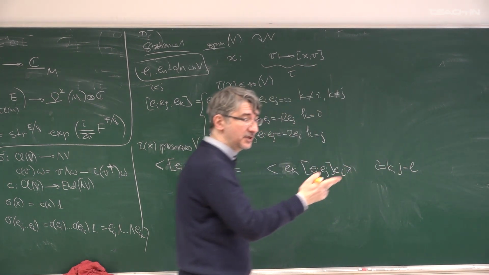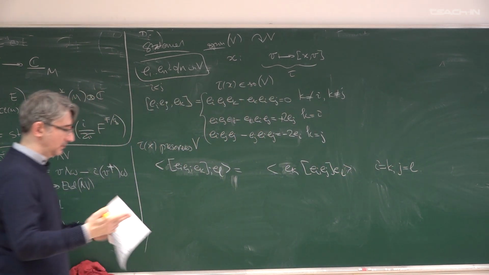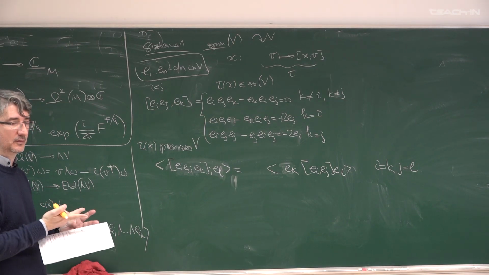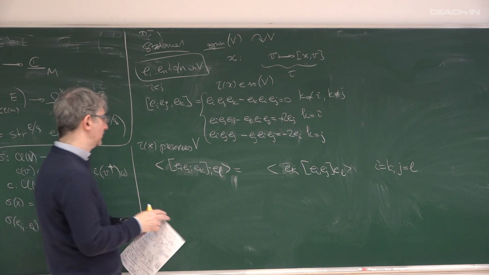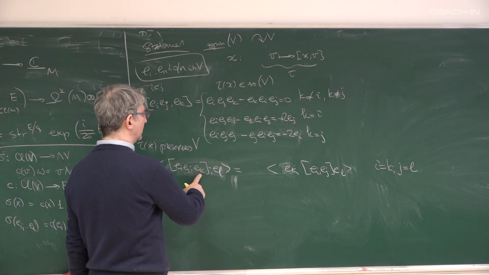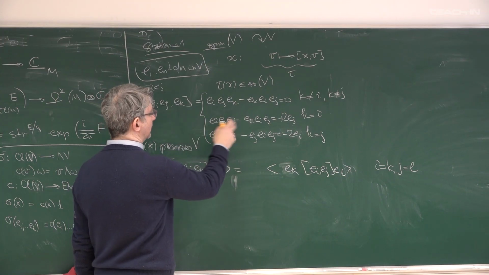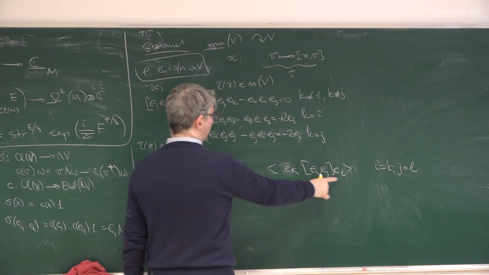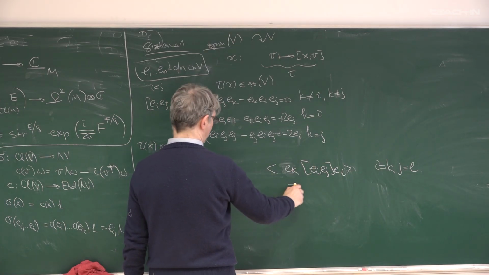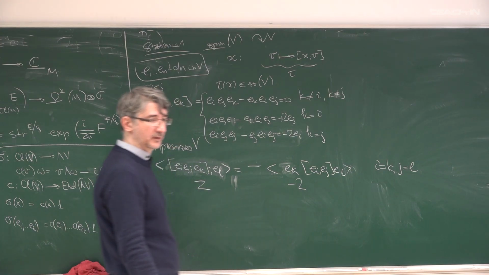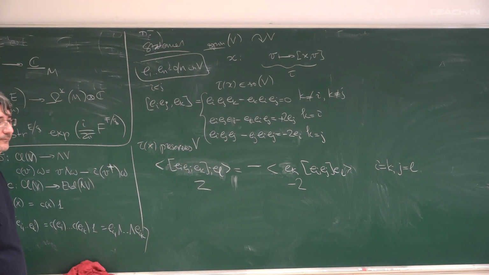Maybe you can interchange something, but the two pairs of indices should be the same pair. Now we just calculate it. If this is e_i, then this will be 2. And if this is e_j, then this is minus 2. So that's why we need to write minus here. Okay?